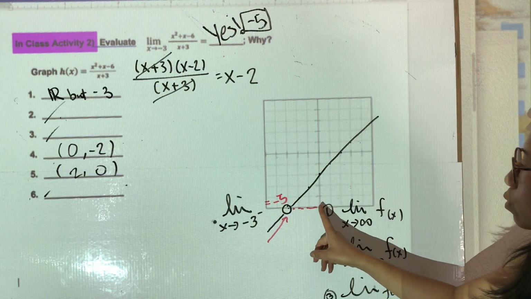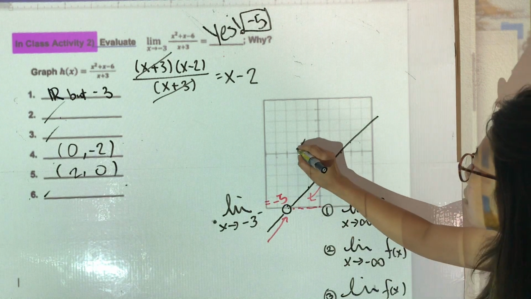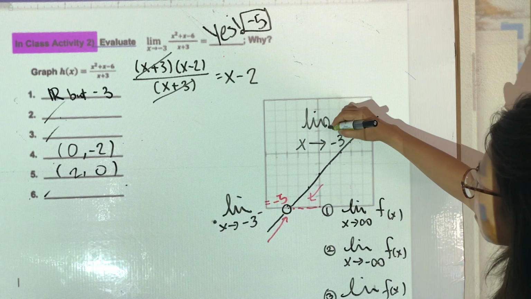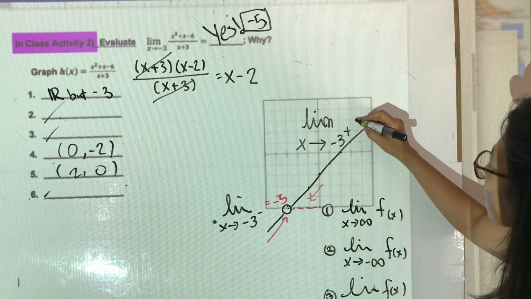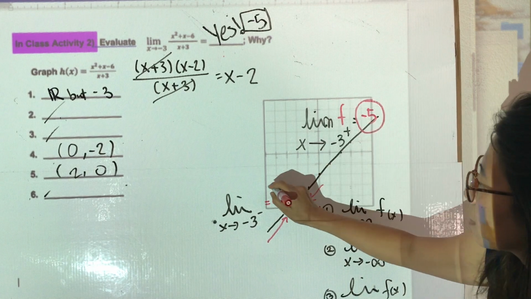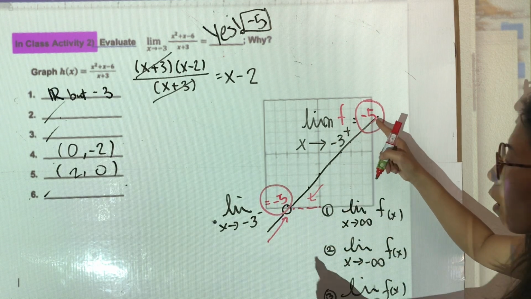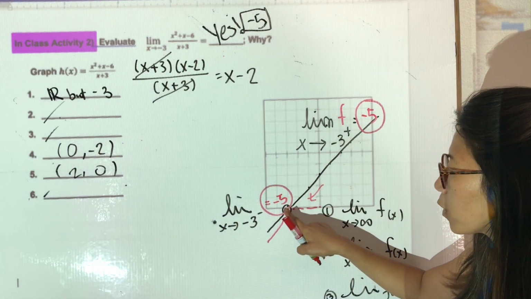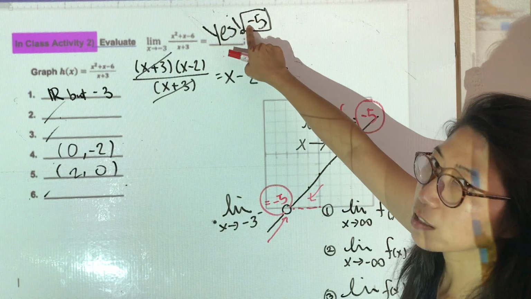Then I also check the limit coming from the -3 positive side, and it is also going to -5. So if the left-hand limit and right-hand limit are going in the same direction, then although the function value does not exist, the limit exists as -5.